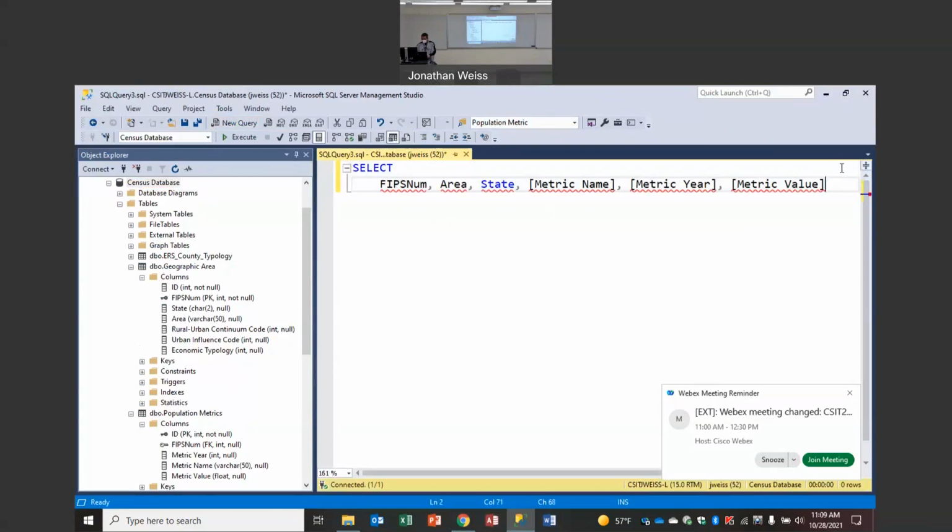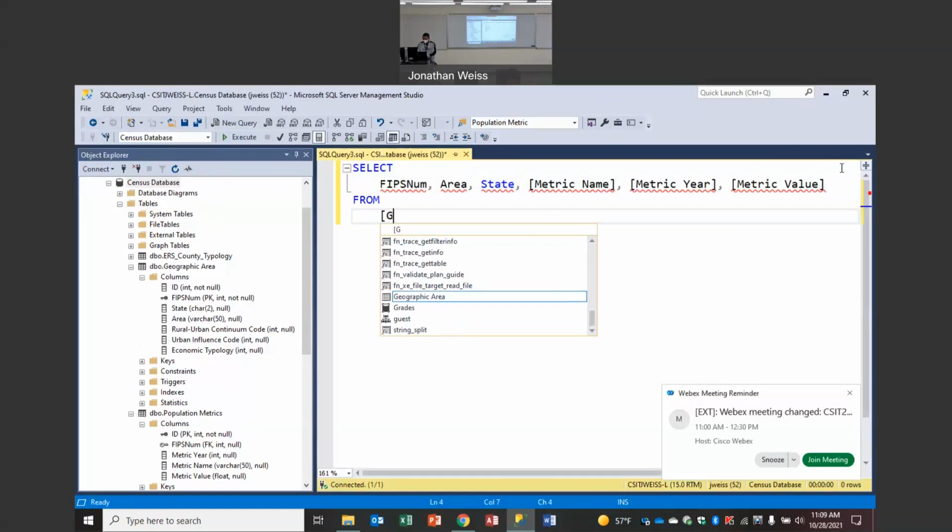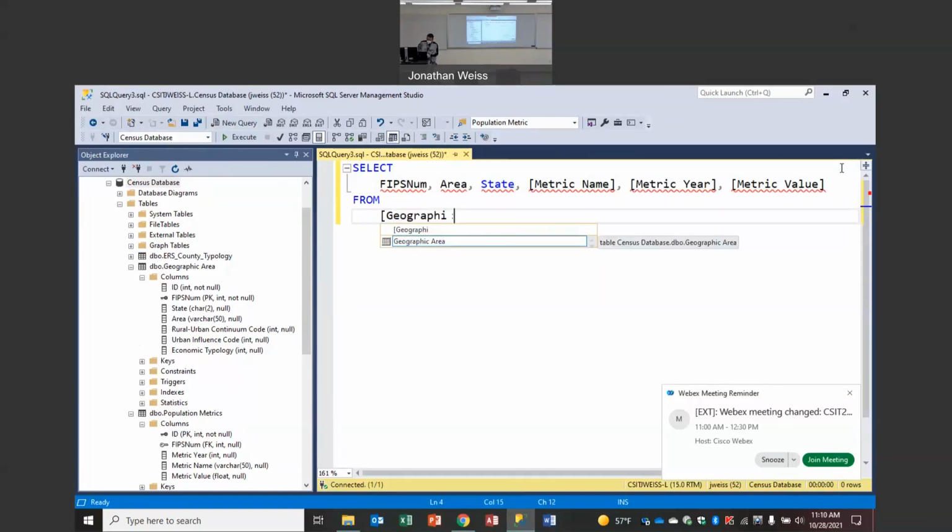Interestingly enough, they're very similar to the fields we had in the first query. So that tells me I probably need the same tables, geographic area and population metrics.